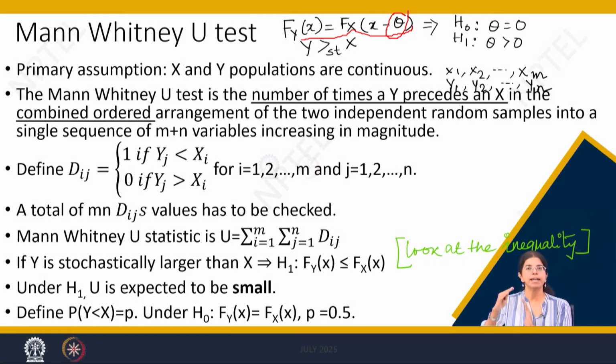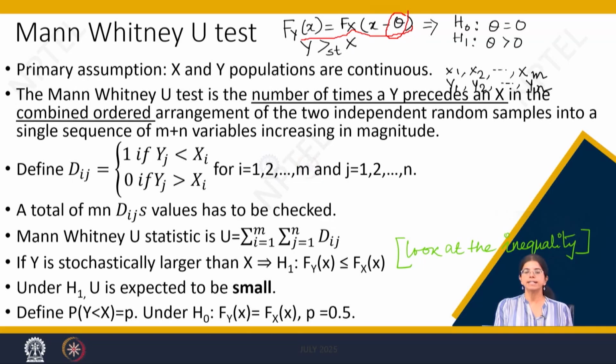So, that is Fy(x) less than or equal to Fx(x), the reverse inequality, even though I am saying y is stochastically larger. If you want to make it clearer, just get back to the picture which I have given in the second slide, you will understand.